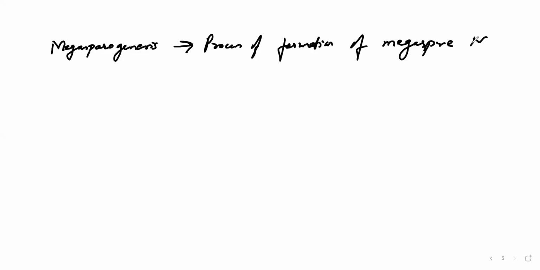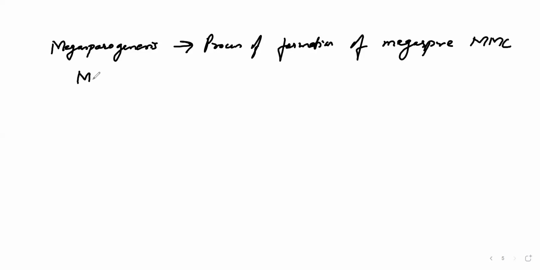So over here, megasporogenesis is nothing but the process of formation of megaspores. From whom? From the MMC, that is the megaspore mother cell. Okay, generally the megaspore mother cell will be large because obviously it's a mother cell.